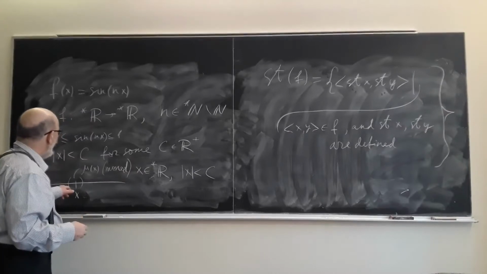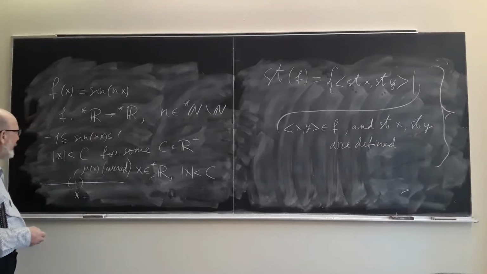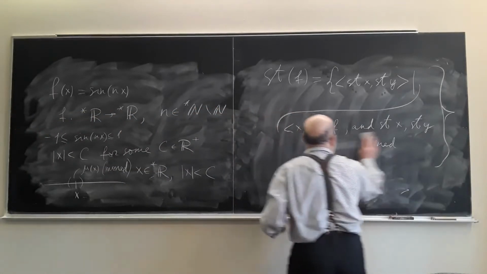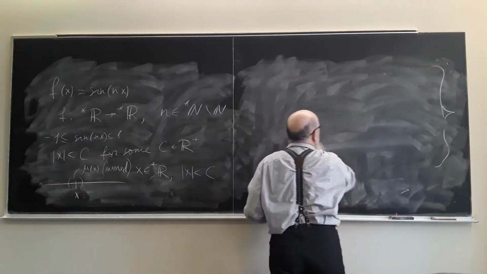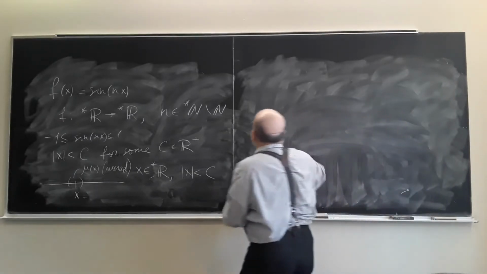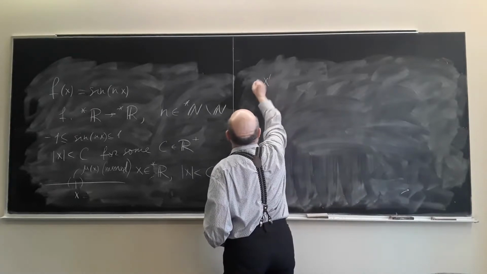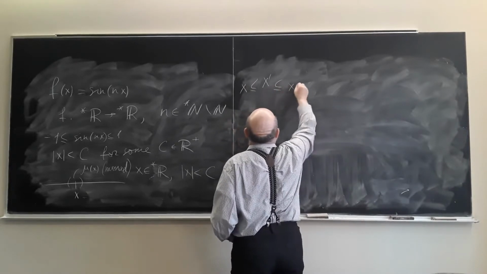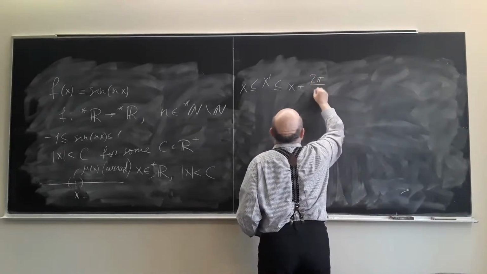Consider a monad of this point, x. And consider the set of points x prime between x and x plus 2 pi divided by n.